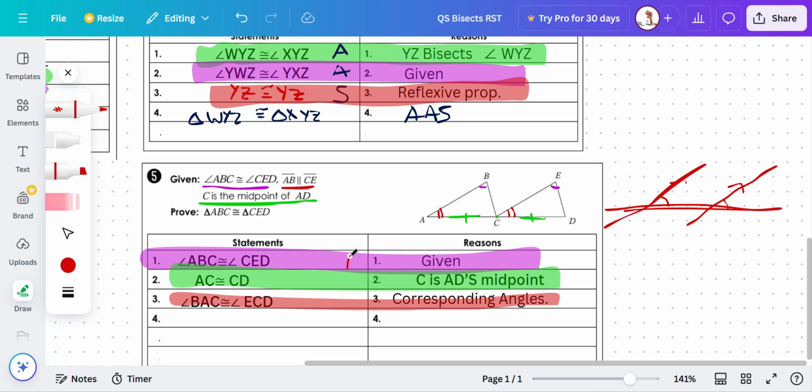We got an angle, we got a side, and we've got an angle. Even though I haven't written this order, we have the side is not between the angles. So we have two angles, then a side. And this is enough to show that triangle ABC is congruent to triangle CED.